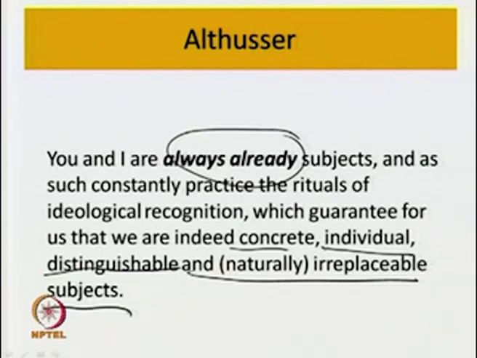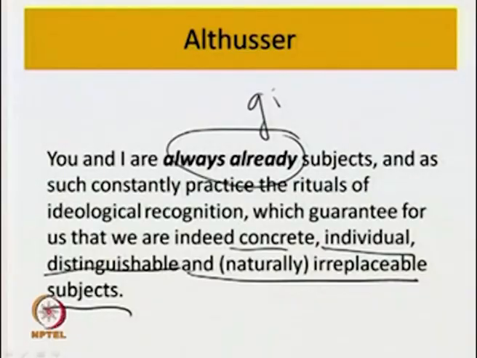Now, in the first case, look at this: you and I are always already subjects. Here, always already means a certain givenness. We are always already subjects, that is, our subjecthood, our experience, or what we are going to experience as we enter the social arena, as we are socialized, is already demarcated for us.